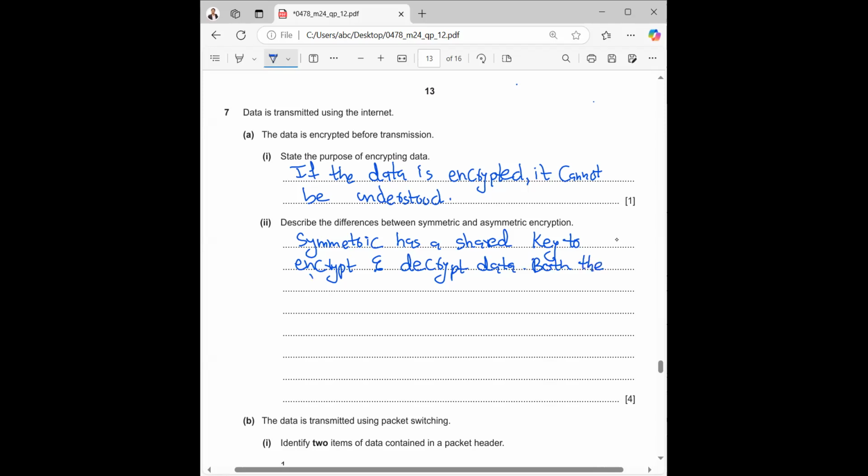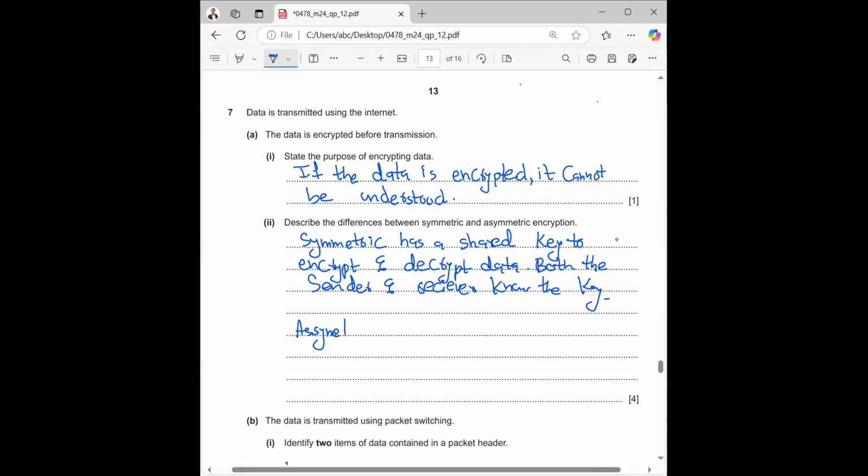Both the sender and receiver know the key, and asymmetric has different keys, a public and a private key, to encrypt and decrypt data.